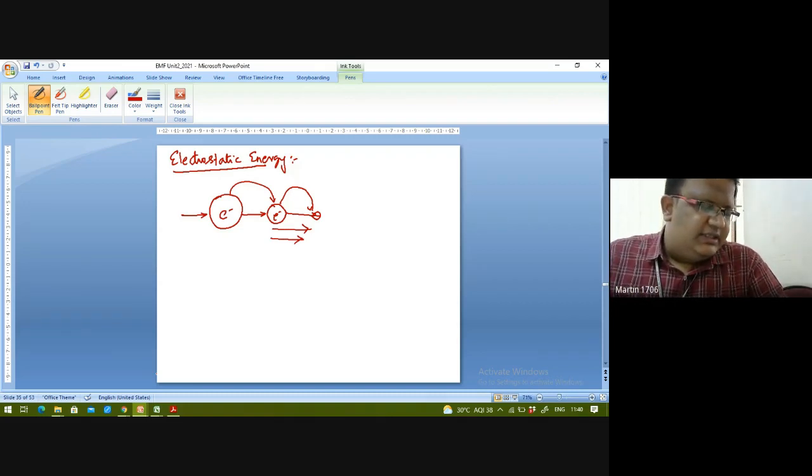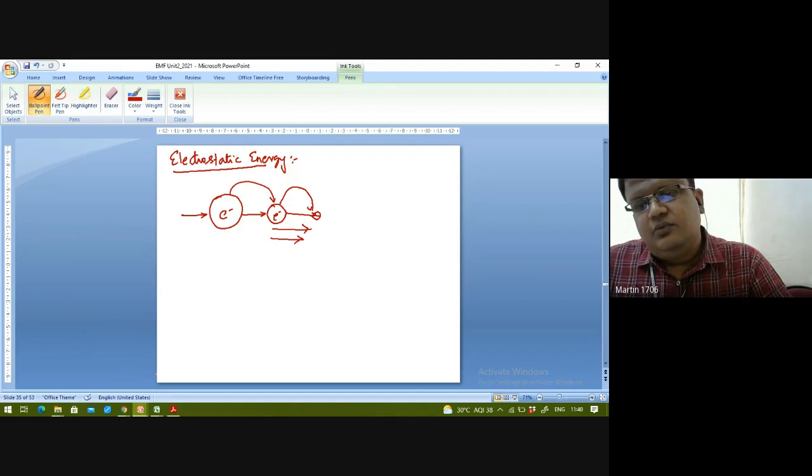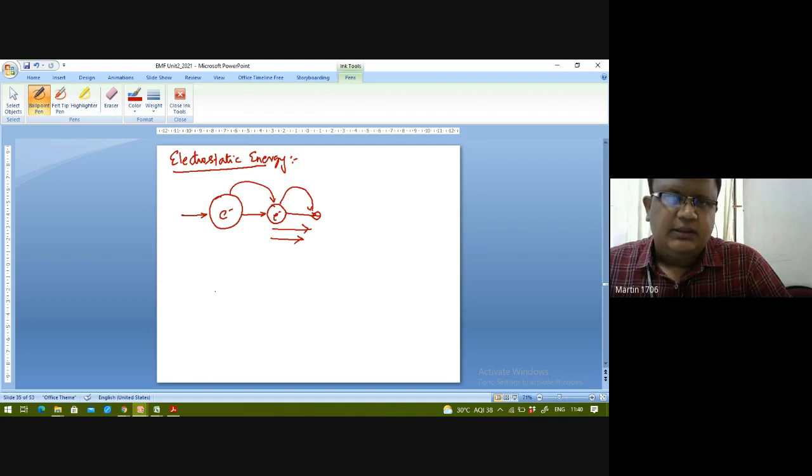In the time varying case, the electron is moving, and how it behaves in real time with respect to time. But the equation is expressed for the static condition.